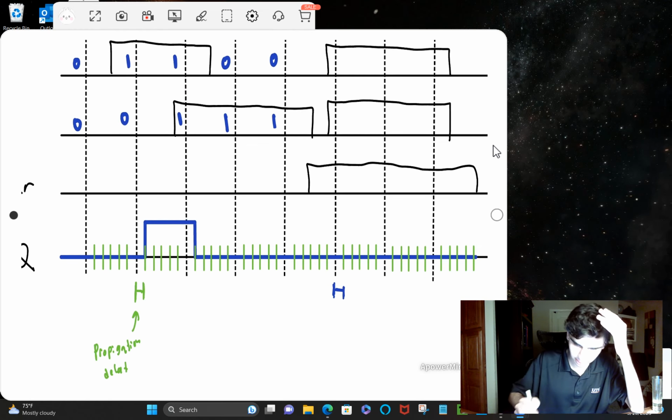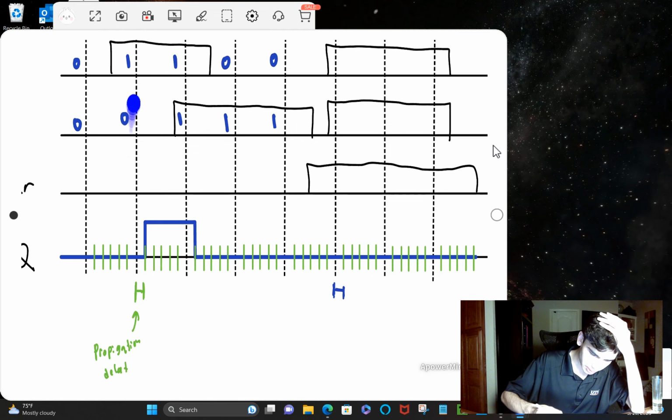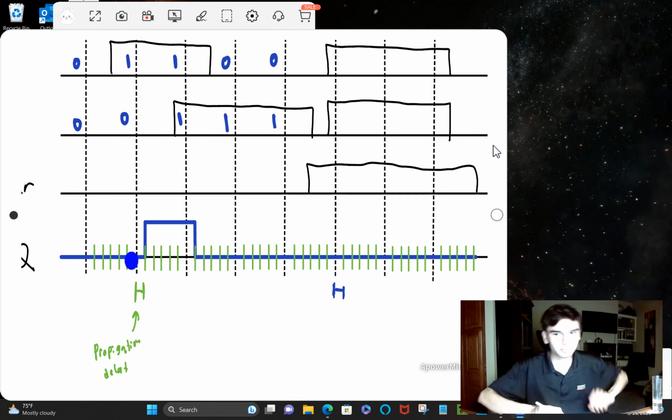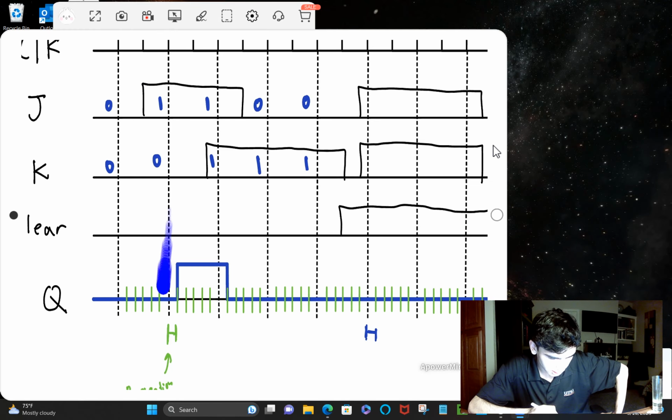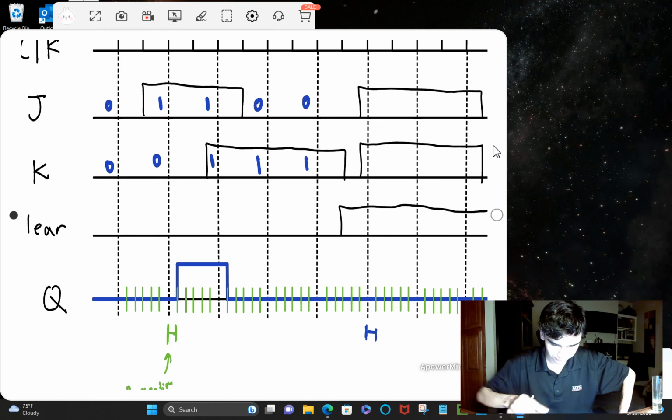Yeah, so you're going to have something like this. And whatever propagation delay after the rising edge of the clock, which it's going to be marked on your exam where it is with the dotted line. So after that, you only reflect the change that happens because of these two. This distance from the line marking the rising or falling edge of the clock.